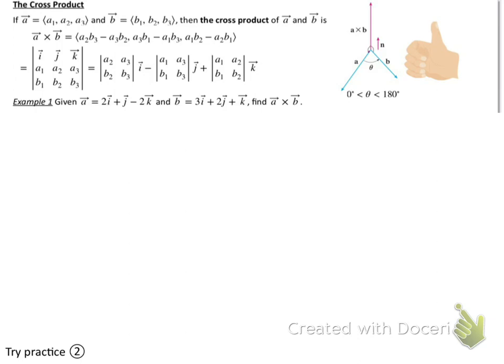You put your right hand here, your forefinger goes from A to B. By going from A to B, I mean go from A to B with an angle that is less than 180 degrees. Then the thumb will point somewhere, and that somewhere will be the direction of A cross B.